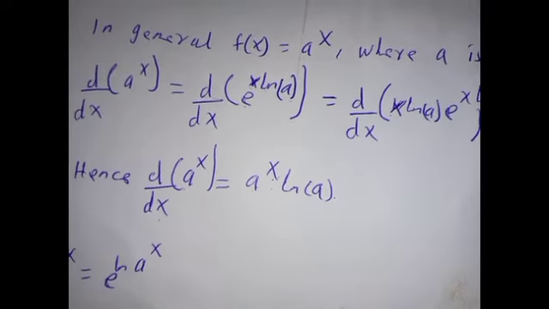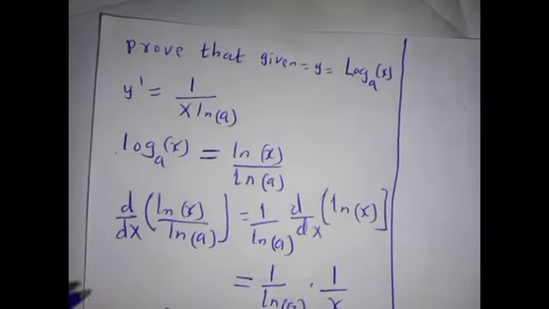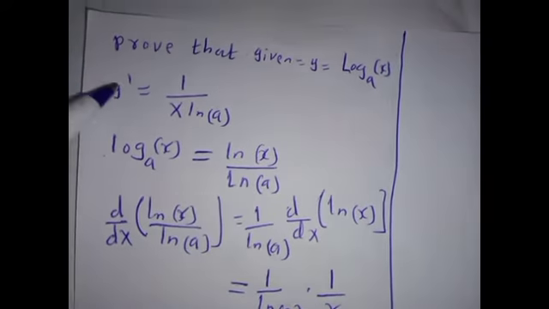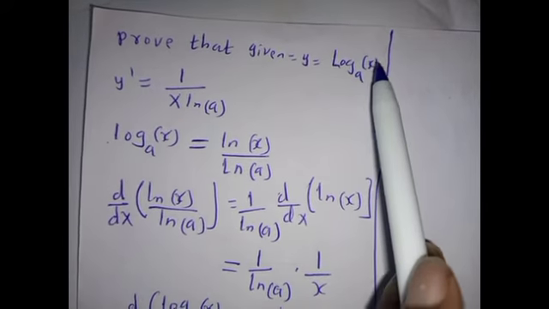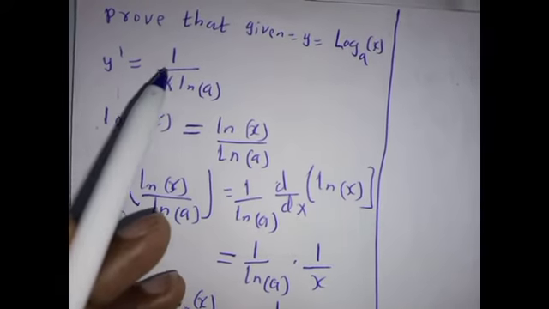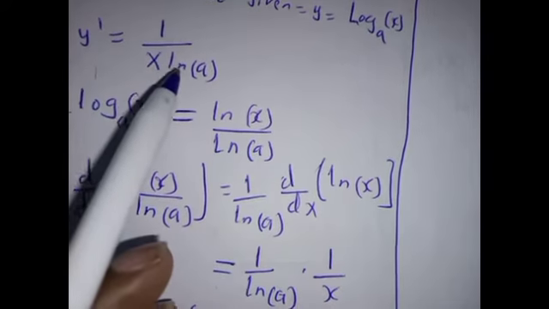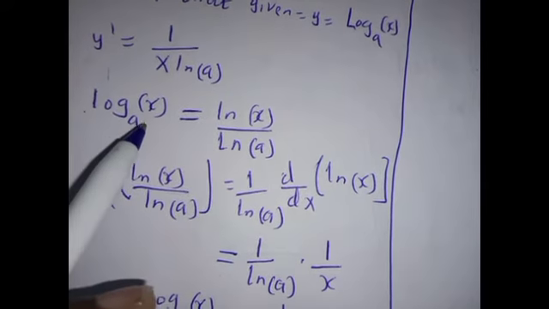Next, we want to look at the differentiation of a logarithmic function. We want to prove that when we are given y is equal to logarithm of x to base a, then when we differentiate, the result is 1 over x natural logarithm of a. To do that, we use the laws of logarithm.